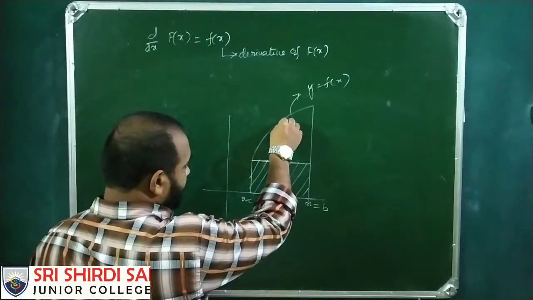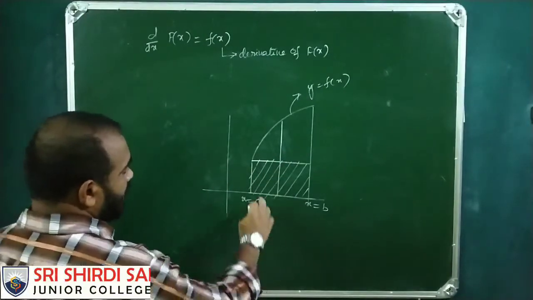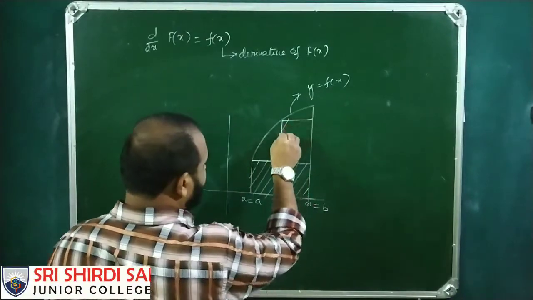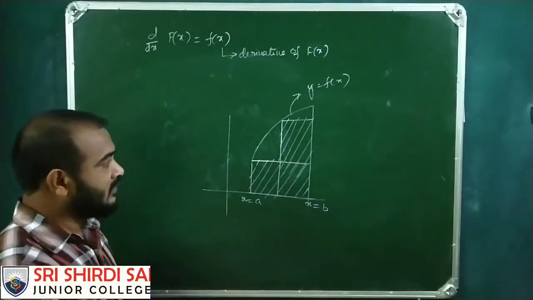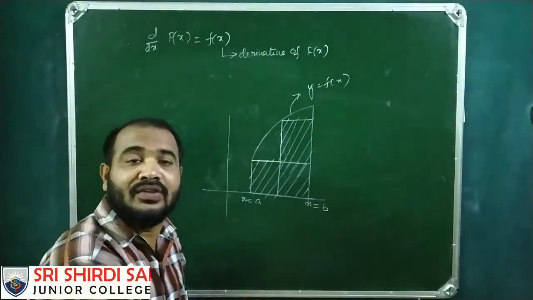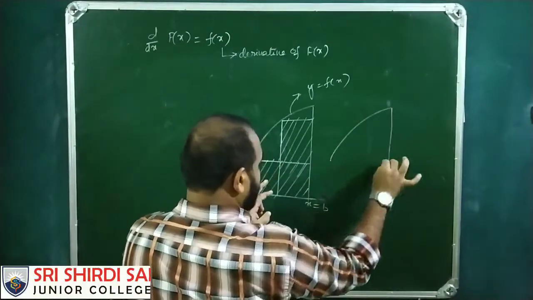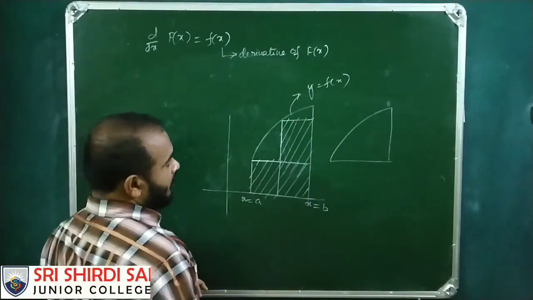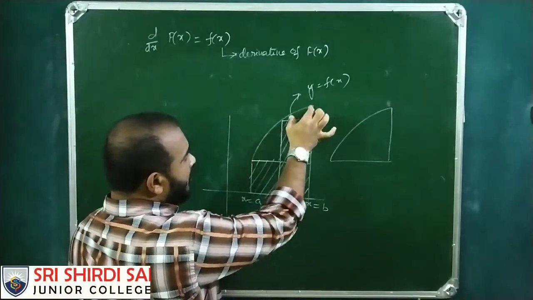So if I make this into two halves and find this area also, then compared to the earlier one, where this much area was missed out, this time only this area is left out.